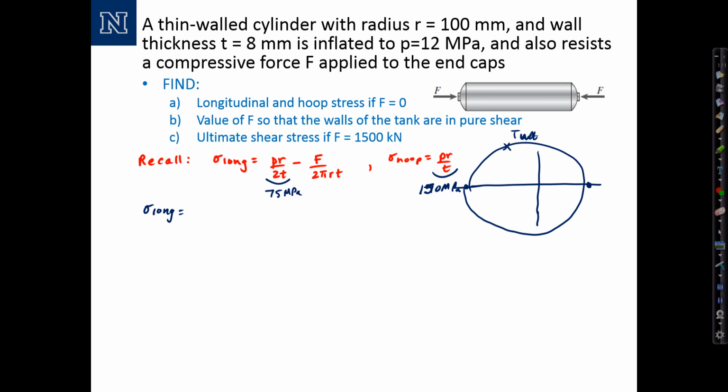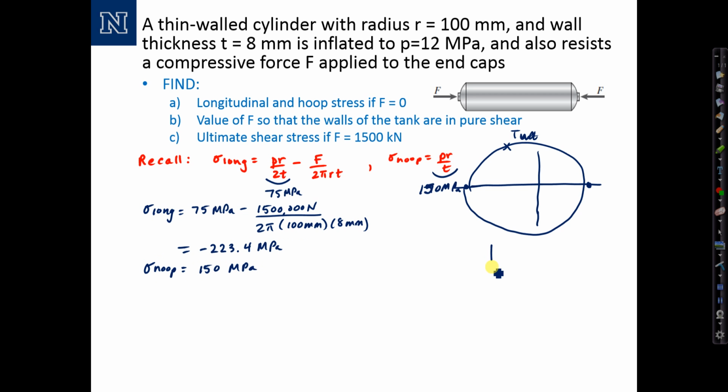Sigma longitudinal equals 75 megapascals minus F, 1,500 kilonewtons, and I'm going to convert it to newtons by multiplying by 1,000, divided by 2 pi R, where R is 100 millimeters, and T being 8 millimeters. And that computes to a negative 223.4 megapascals. Now we have our sigma hoop equals 150 megapascals.